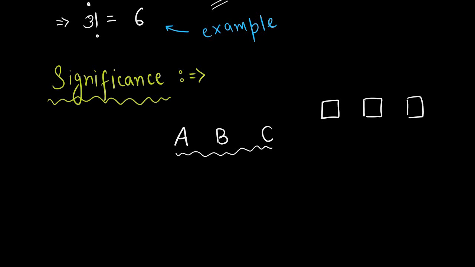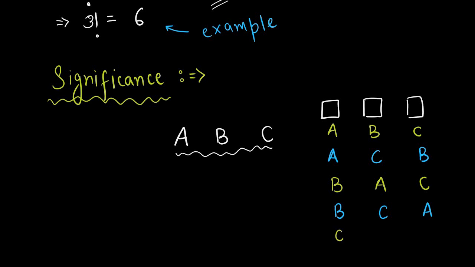Let me write either A, B, C first, or A here only, C here, and B here. That's also a case. Or B here, A and C here. Or, B as it is here, C and A have changed their places.